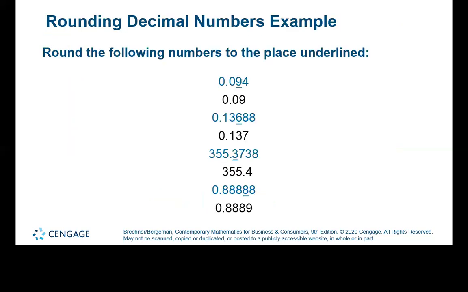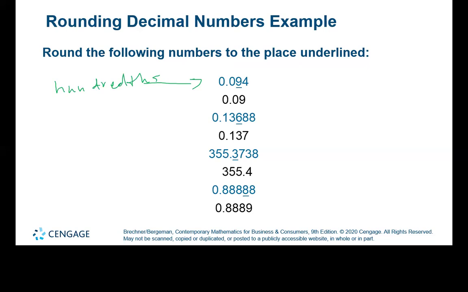In these examples, they have underlined the place they want you to round to, but let's say that it said round to the hundredths. You would have to know where the hundredths is, so it may not be underlined for you.